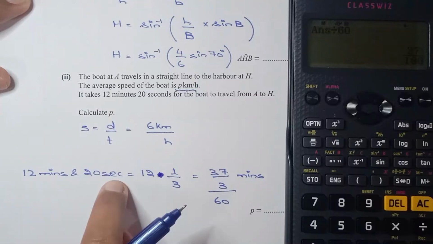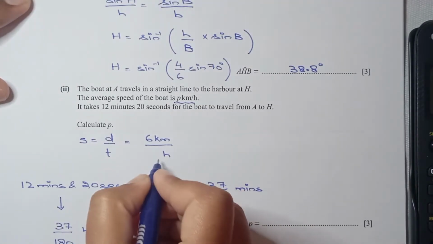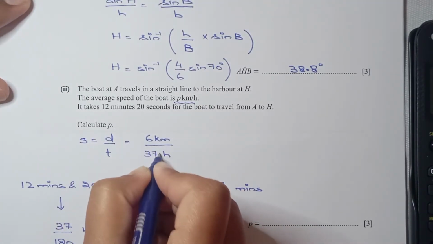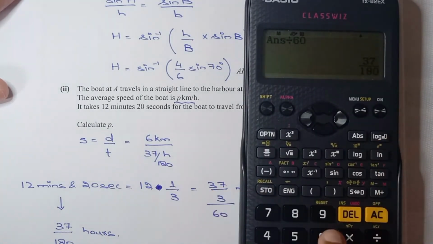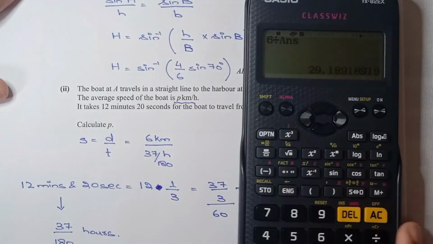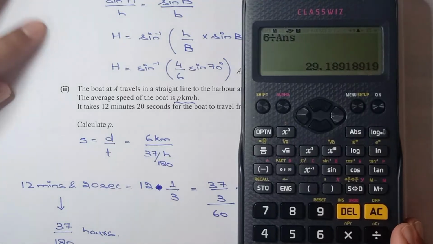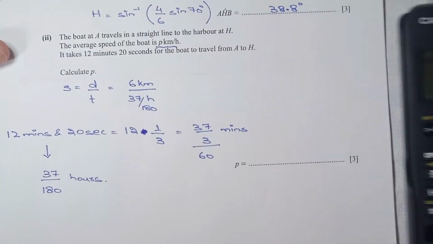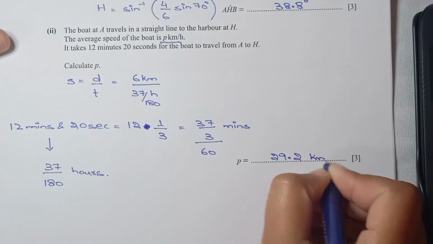So 12 minutes and 20 seconds is equal to 37 over 180 hours. Now we need to find the speed, so 6 divided by that time, which is 29.18, or we can say 29.2 kilometer per hour is the value for p, the speed.